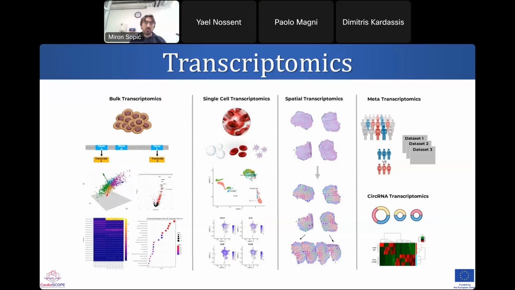And this can really be of great importance in atherosclerosis, when you are looking at atherosclerotic plaques and you want to see particular genes being highly expressed, I don't know, in the part that is maybe vulnerable, or on the shoulders of the plaque where there is not so much inflammation going on, and things like that. And as I said, the focus of today's lecture is going to be bulk transcriptomics.